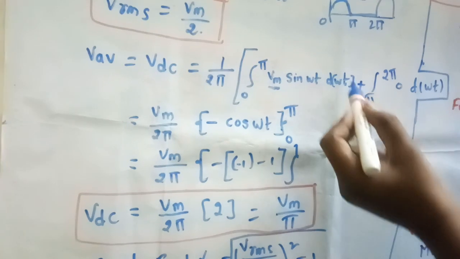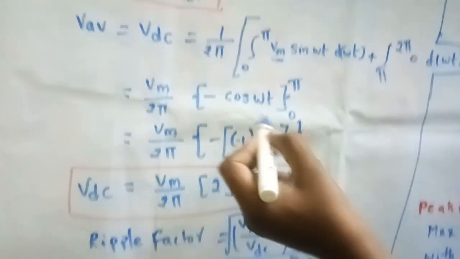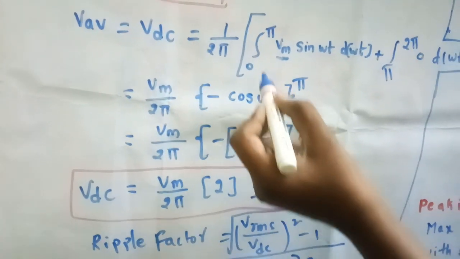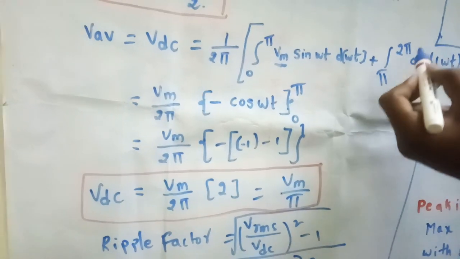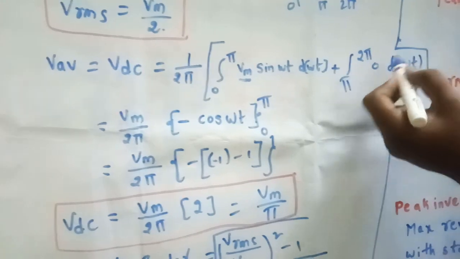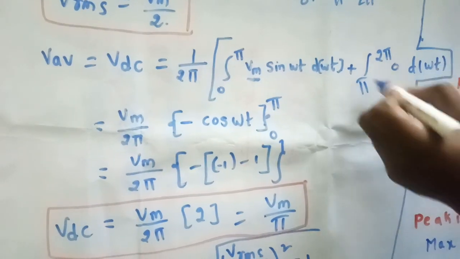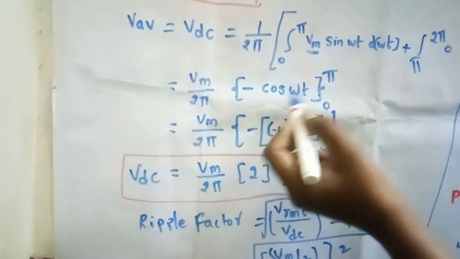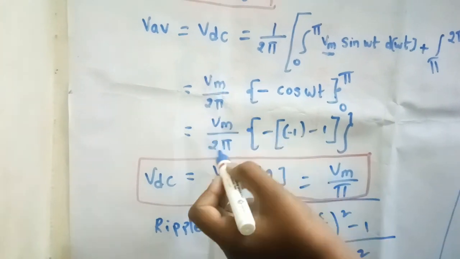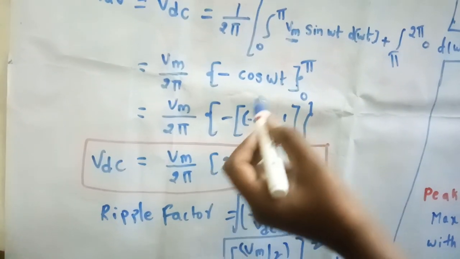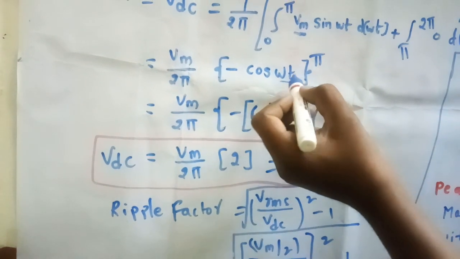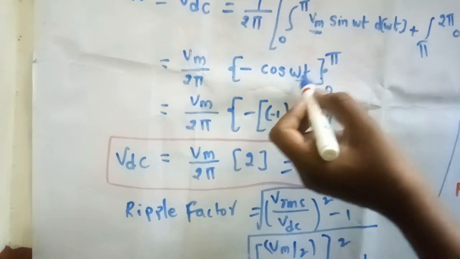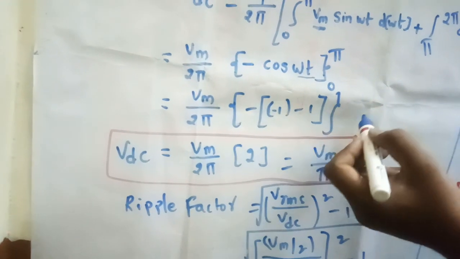The integration of sin is minus cos omega t. What are the limits? 0 to pi. Then plus pi to 2 pi of 0; the integration of 0 is 0, so this term becomes 0. Then applying limits, Vm by 2 pi into minus cos omega t, substituting pi and 0 in place of omega t: cos pi minus cos 0.